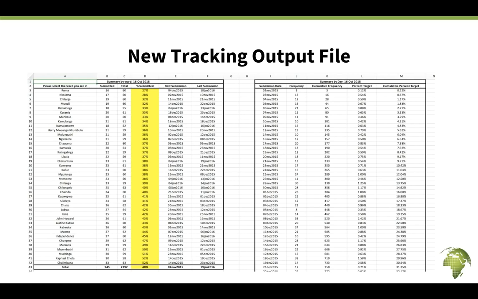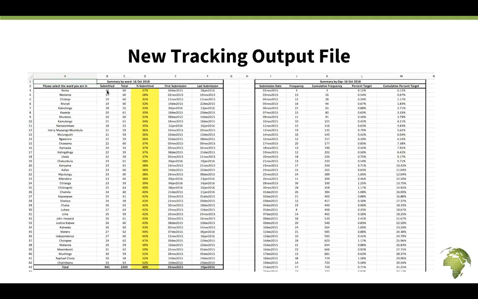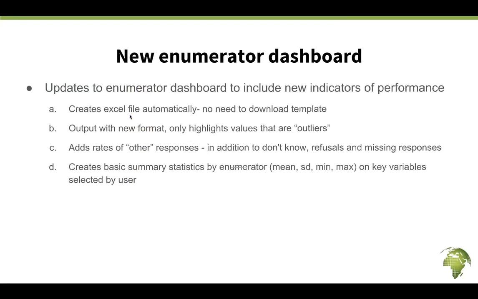Of course, you also have the ability to output for each of these communities the list of people. For instance, here in Roma, what are the 16 individuals who have been surveyed, and what are the 44 individuals who have not? So, yeah, that's the tracking.